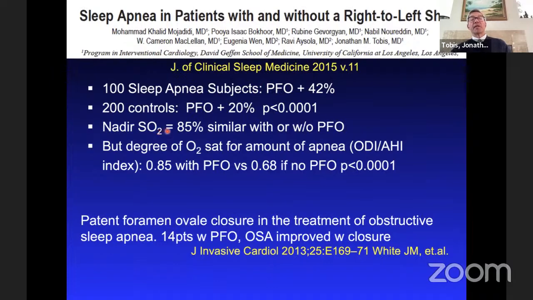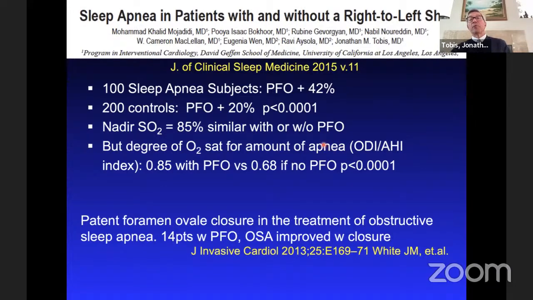The nadir of oxygen in sleep apnea is no different in the two groups. But the degree of oxygen desaturation for the amount of apnea, which is measured by this parameter, the oxygen desaturation index over the apnea-hypopnea index, is different between those two groups.